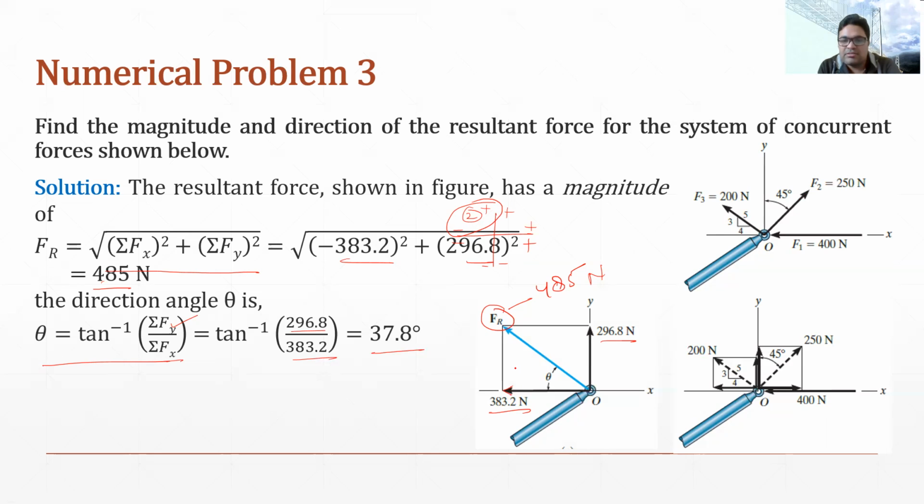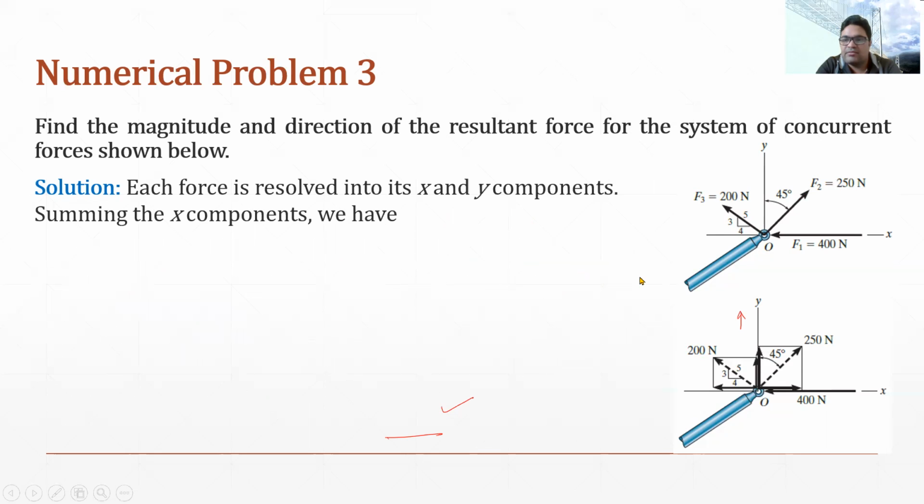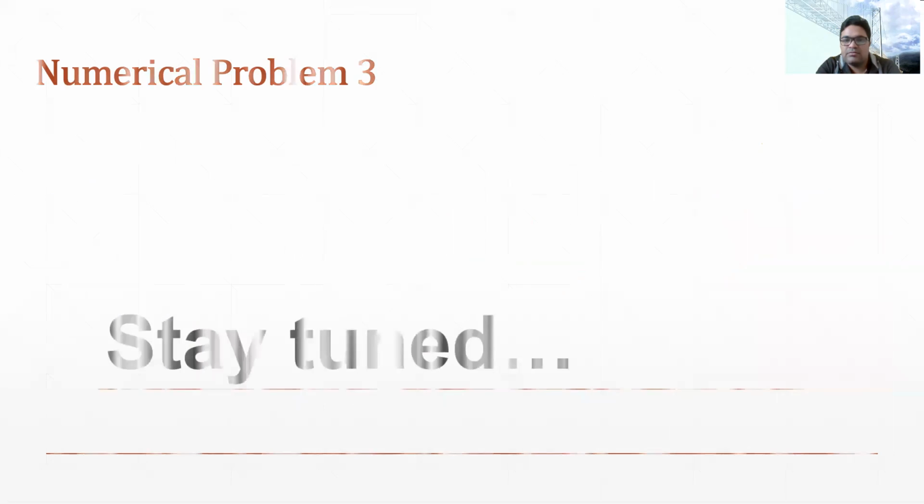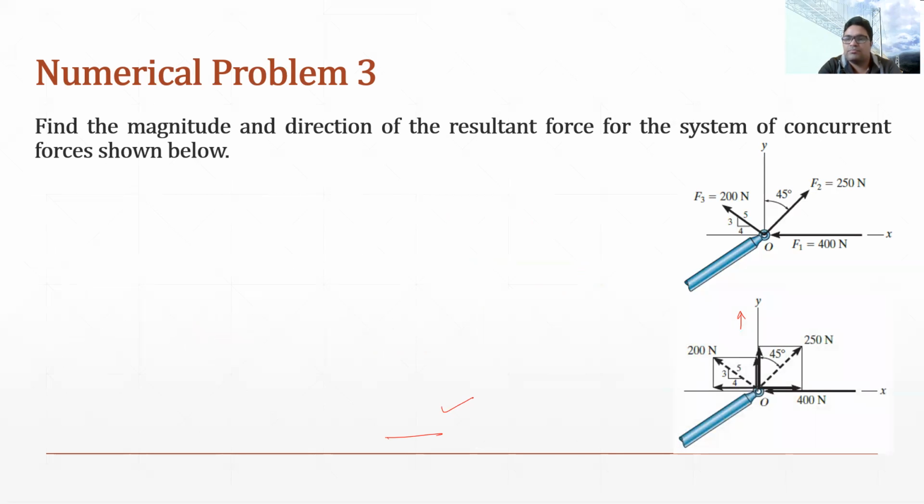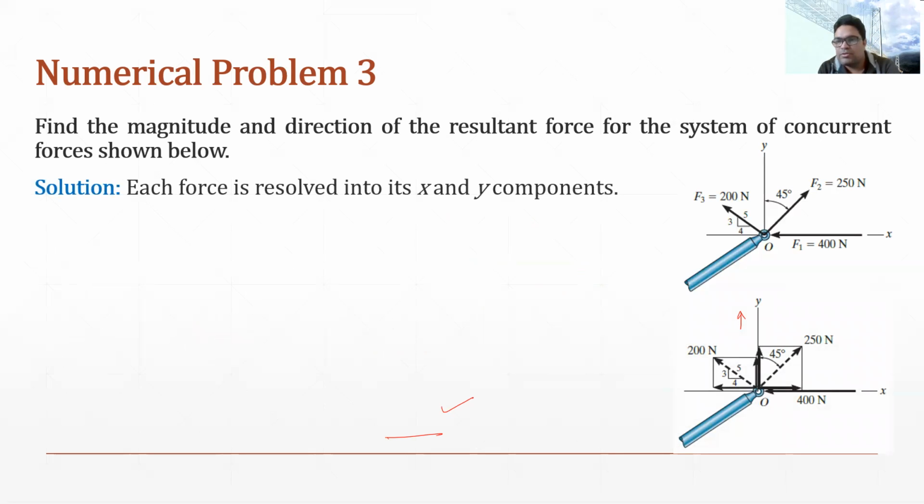So this theta is 37.8 degree. Now if you see in the previous slide, all three forces F1, F2 and F3 are replaced. Their resultant will be in this quadrant, towards this direction. The angle between them we have just calculated is around 38 degree.